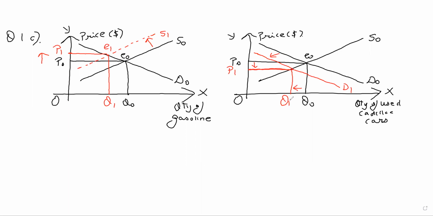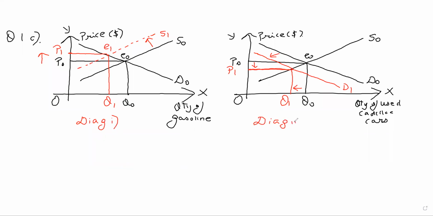So you can see our statement is satisfied in both the diagrams. When a war breaks out in the Middle East, price of gasoline goes up and price of used Cadillacs falls. So guys, again, I expect you to write the explanation on your own. You can label this as diagram 1 in the exam, and this as diagram 2.